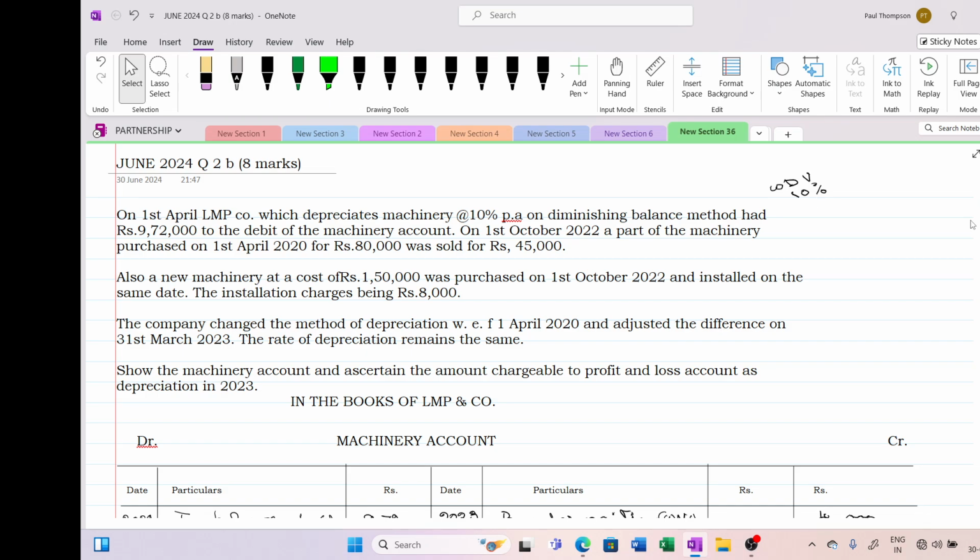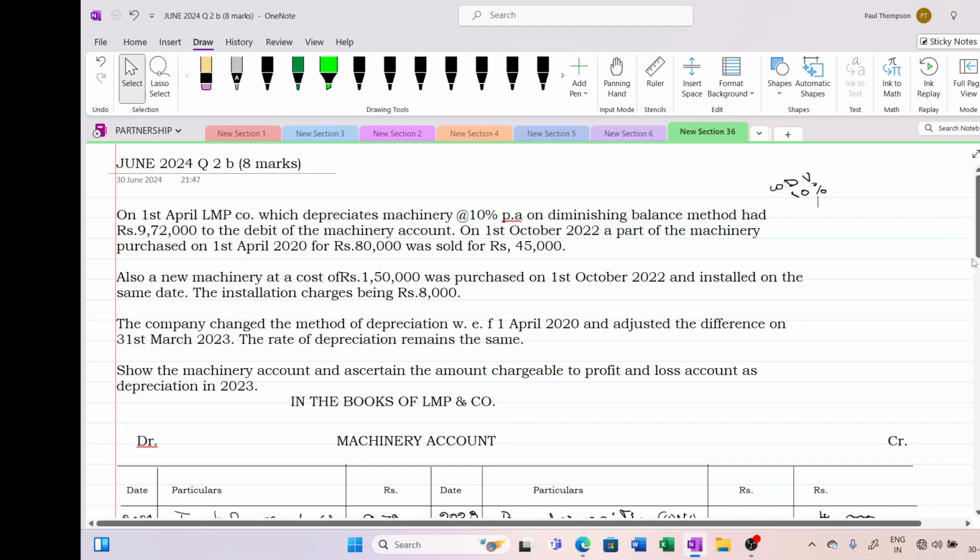Also, on the same date, on 1st October 2022, they bought one more machine for 1,50,000 and the installation charges are 8,000. Okay, now this is the slightly tricky part.